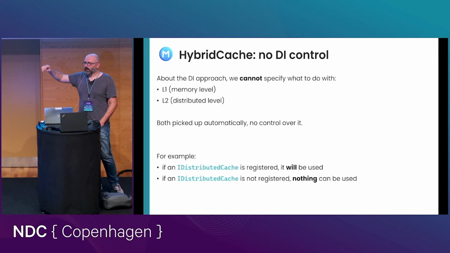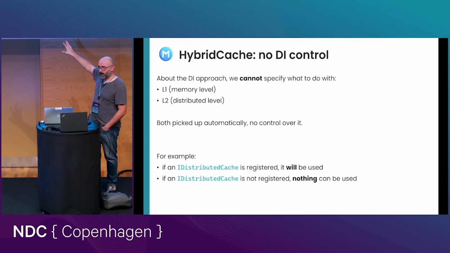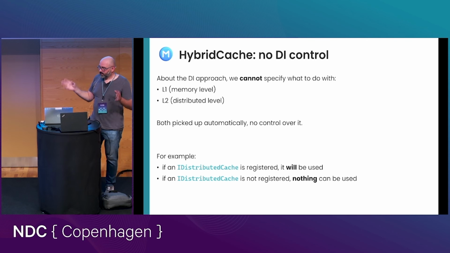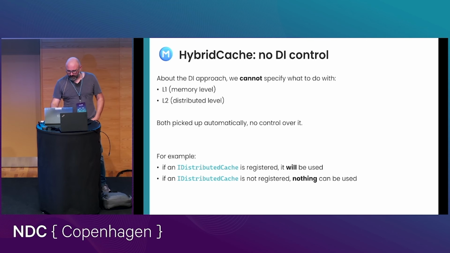You cannot say, it's there for other reasons, I don't want to use it. On the other hand, if it's not there, you cannot have an L2. So if you only want an L2 on your HybridCache, but not register an IDistributedCache for something else that works with the same behavior of automatically picking up stuff from the DI container, you cannot do that. So you need to be careful about that.